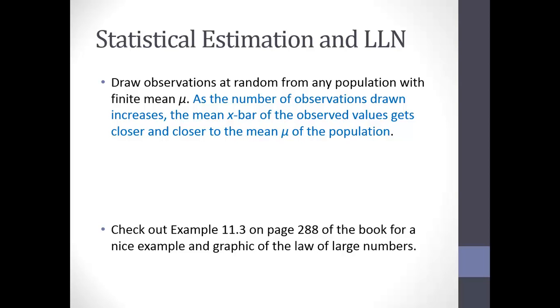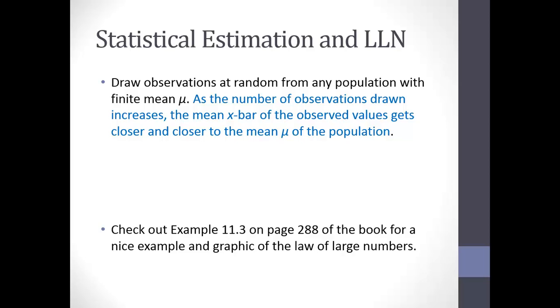But in any case, what we're talking about here is that if we're taking observations at random from any population, so taking people from our population and figuring out whatever it is we're interested in, like their debt after college, as we start averaging more and more people together, as our number of observations increases and our sample gets larger, the mean of the observed values should get closer and closer to the population mean. That's just a formal statement of what we said on the previous slide.